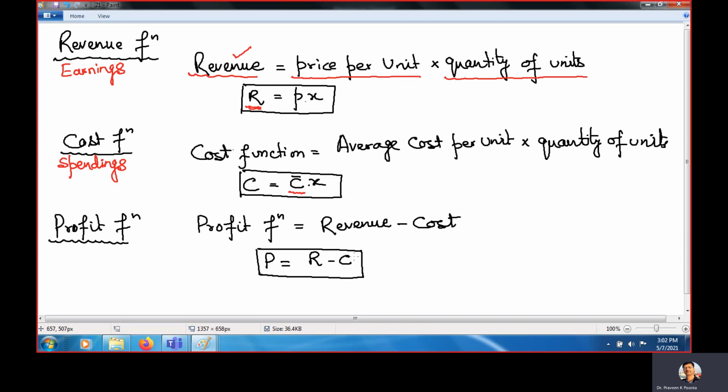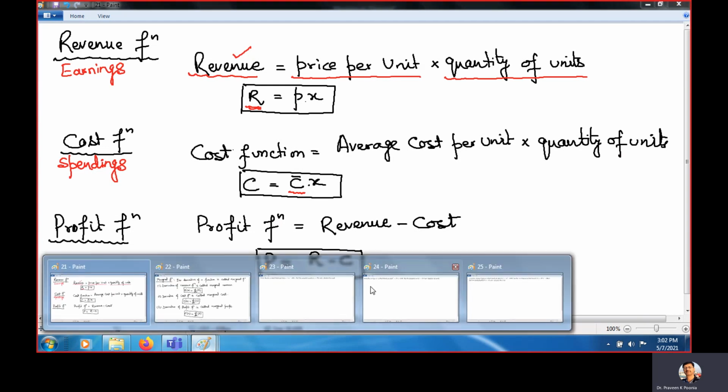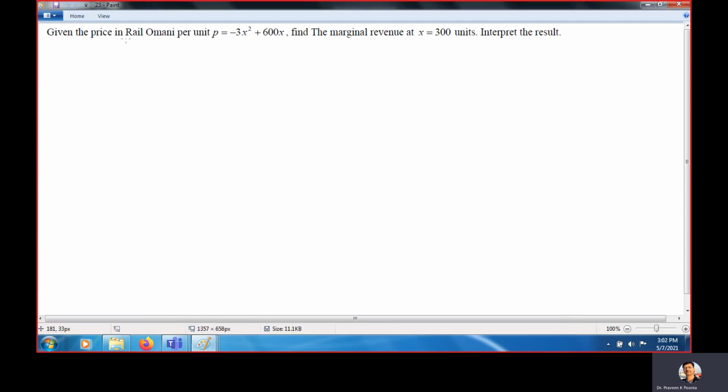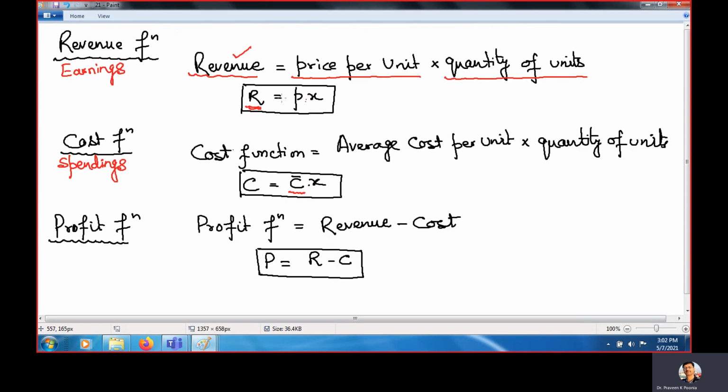First, from the given question, I want to show you: given the price in Riyal Omani per unit, the price is given. Price means price per unit. If a price is given, then we need to multiply the given function by x.